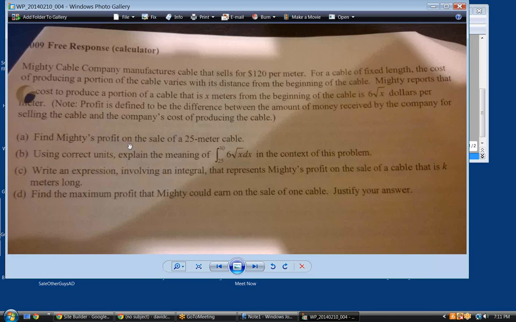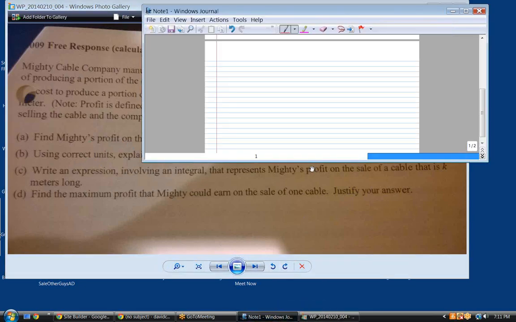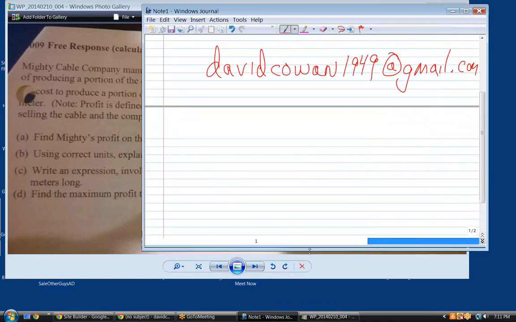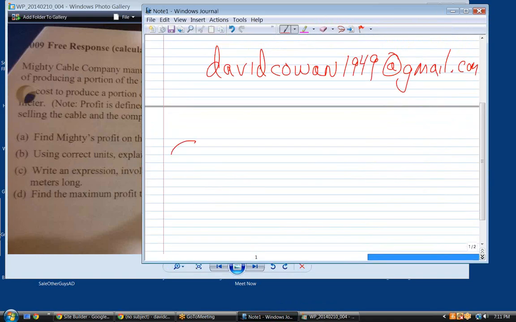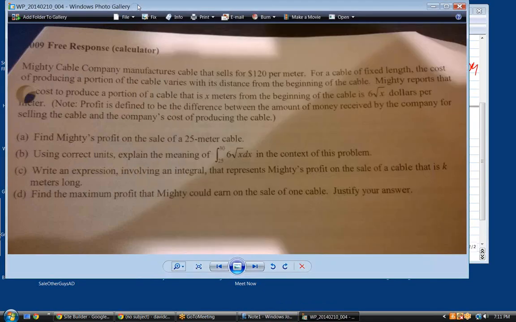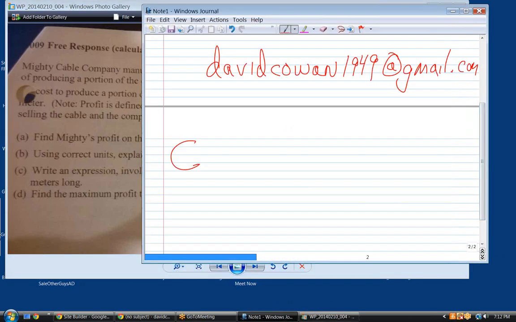Finding a profit on the sale of a 25-meter cable. So the cost is going to be the integral of 6 root x dx from 0 to 25.